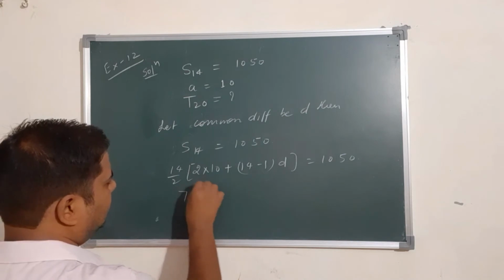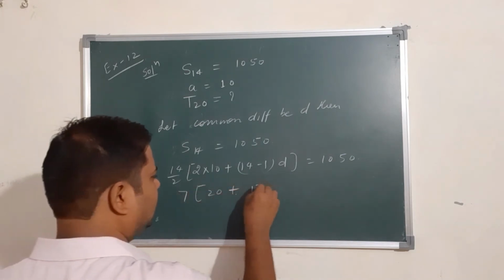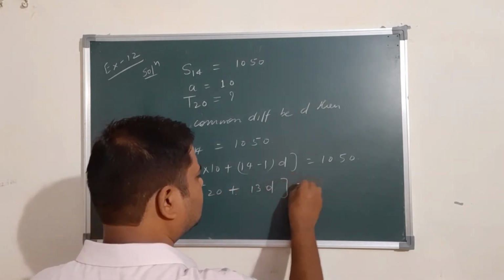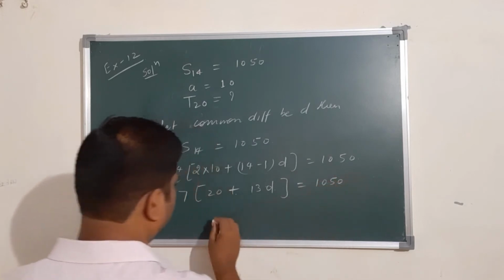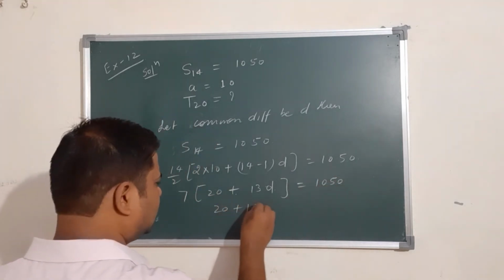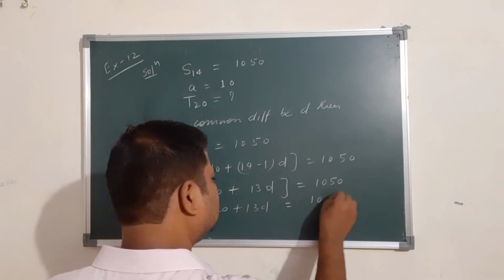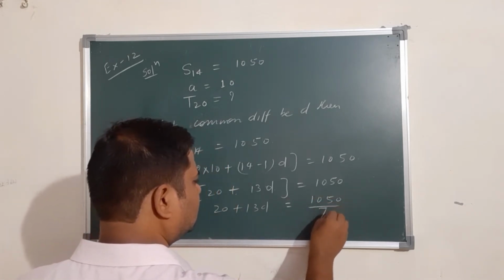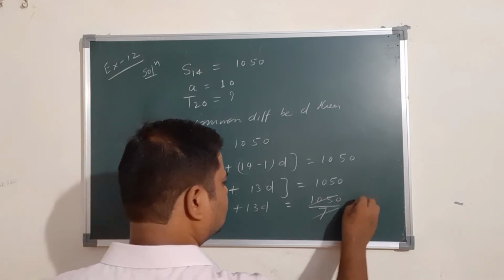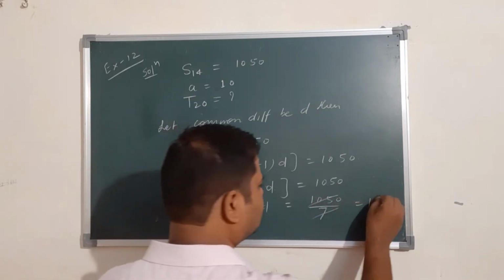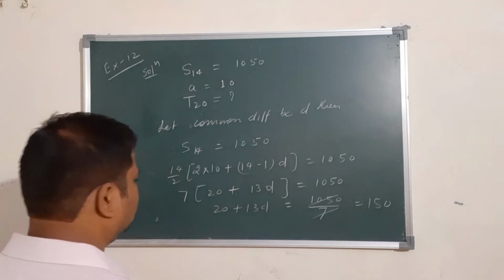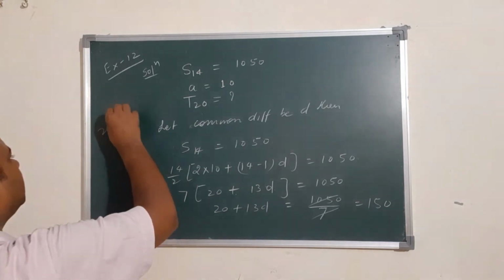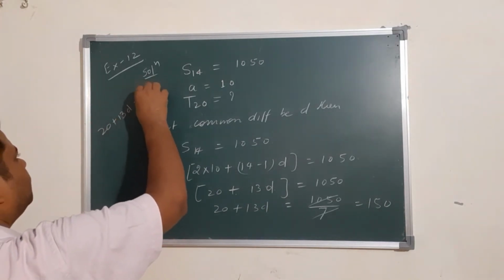So this is 7 times (20 plus 13D) equal to 1050. So 20 plus 13D is equal to 1050 divided by 7, which is 150.